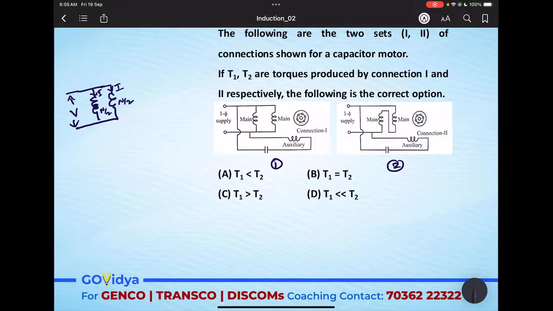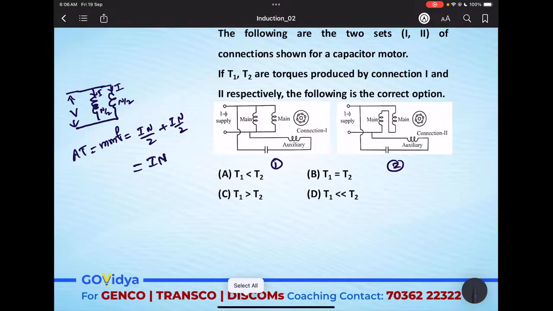Since the voltage here is V, the current I flows here also. Let's calculate the ampere turns. Ampere turns is nothing but mmf. How much will it be? I into n by 2 plus I into n by 2. Total ampere turns will be In.